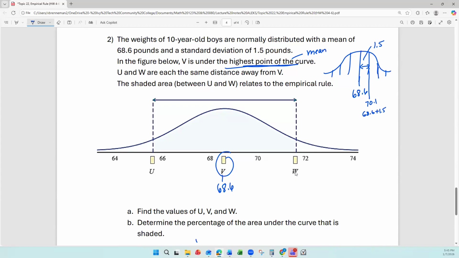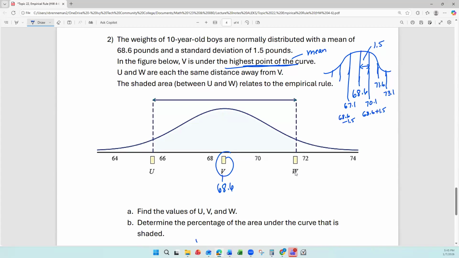And then if we add 1.5 again to that, we get 71.6. And then add 1.5 again, and it's going to be 73.1. So those would be the labels. And then if we go the other direction, subtracting 1.5, we'd have 67.1.